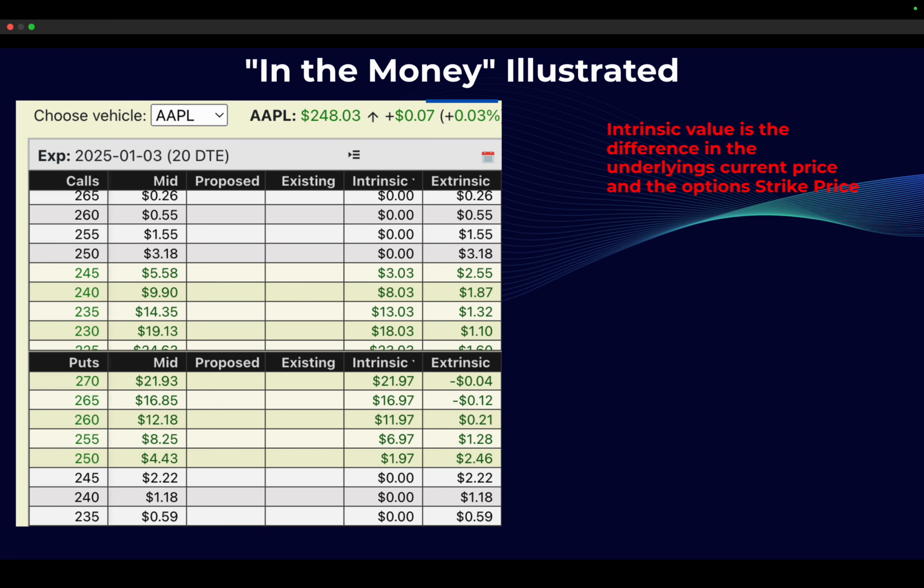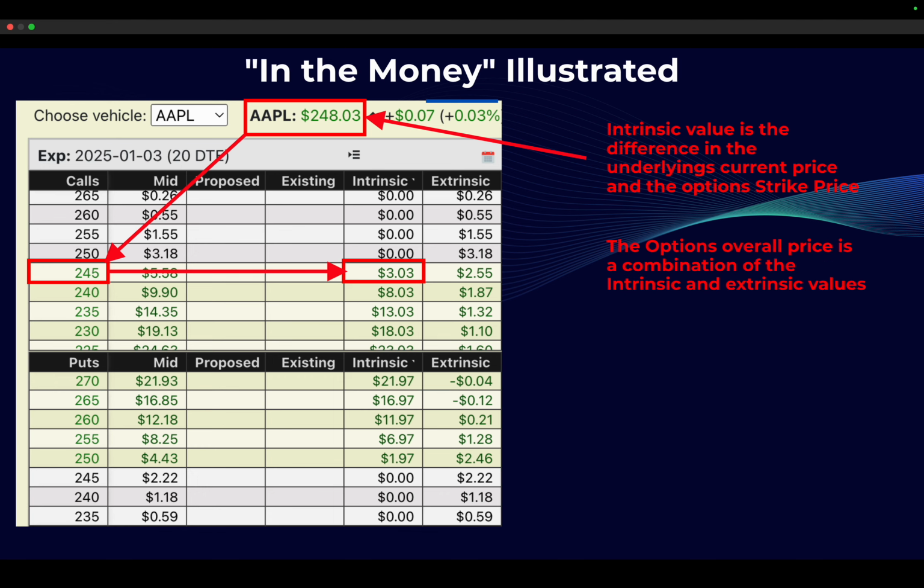So let's see what that looks like just to clarify that. If Apple's trading at $248.03, a $245 strike basically has an intrinsic value of $3.03. If I do the math here, I take my 248.03 minus 245, I find that the intrinsic value is $3.03.